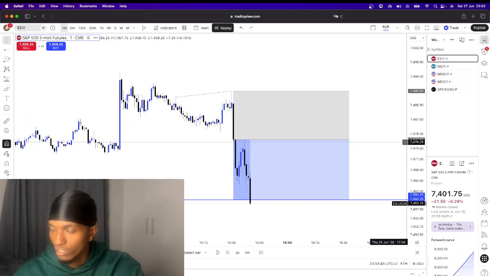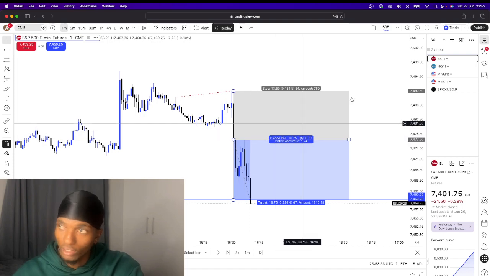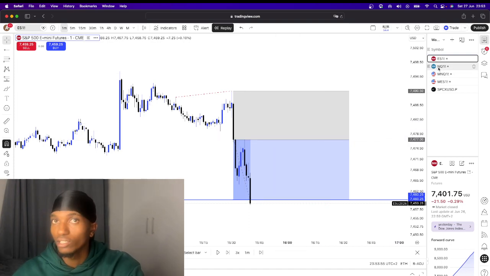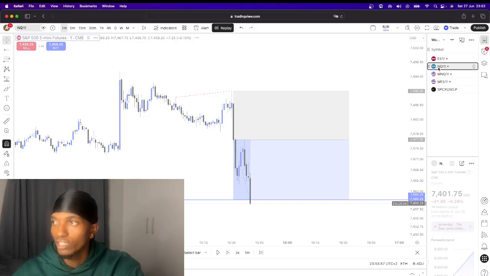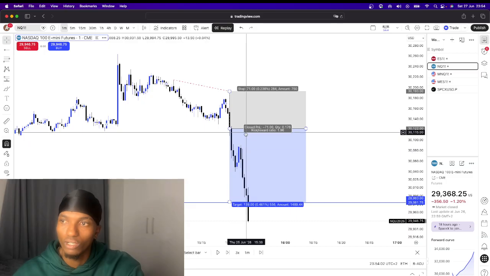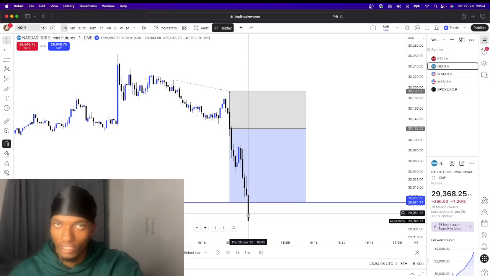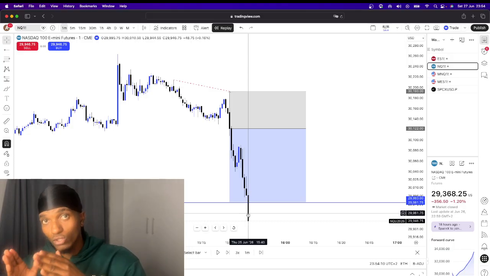The only difference is that when this one retraced, it went all the way up to our entry point, right, or our entry price. However, this side, when we retraced, we didn't even come close to our entry price, right? But then the take profits were both hit at the same time on this one.